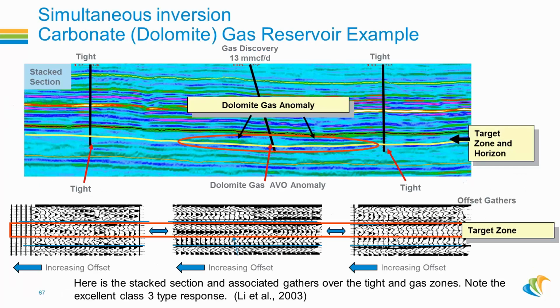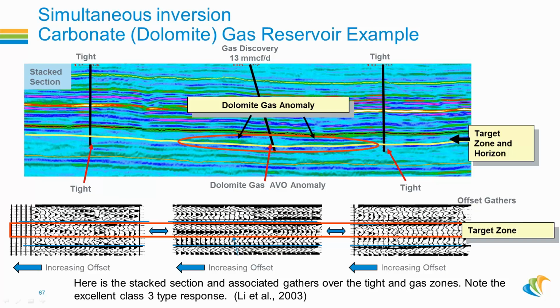An example is shown here for a carbonate case. We have a seismic section here, we have tight carbonate at this level. We have gas carbonate, which is dolomite here, and we have tight again here. If you look at the seismic data at this location, you don't see that much change, but there are some strong amplitudes in this gas anomaly section and nothing here.